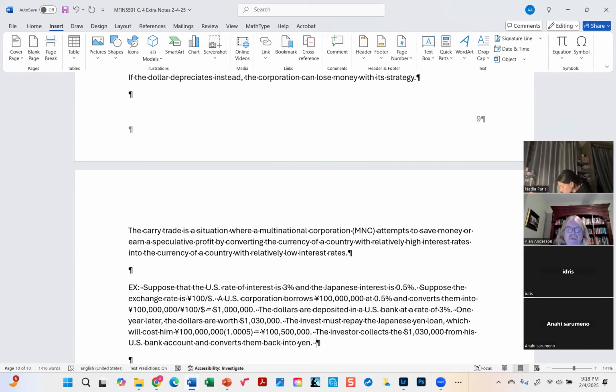Now, suppose that the exchange rate hasn't changed. Then the dollars will be worth, so we multiply this by 100 yen per dollar. And that means we'll have 103 million yen.